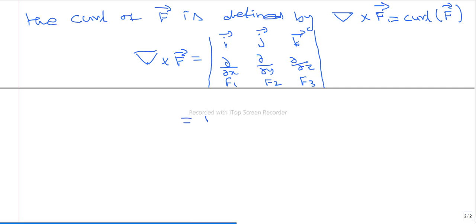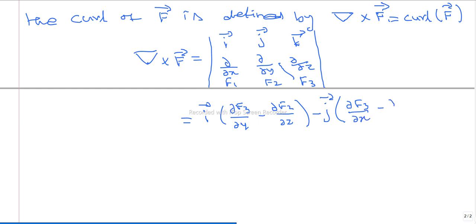It equals i times, cross multiplying, dou f3 by dou y minus dou f2 by dou z, and then minus j vector into, removing the second column, dou f3 by dou x minus dou f1 by dou z, plus k vector into dou f2 by dou x minus dou f1 by dou y.